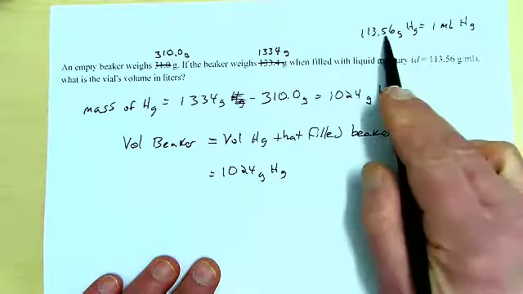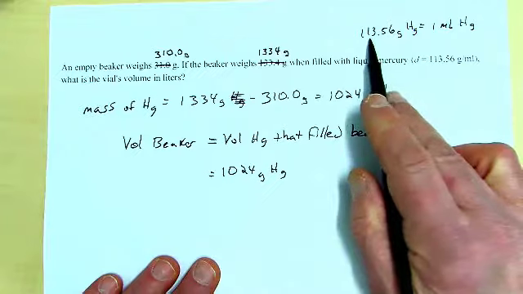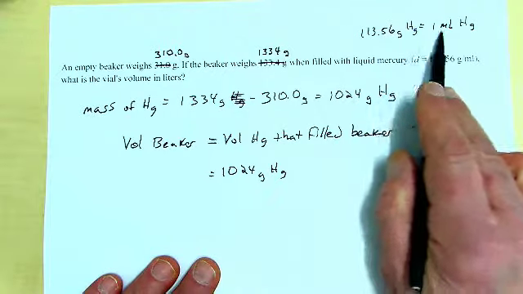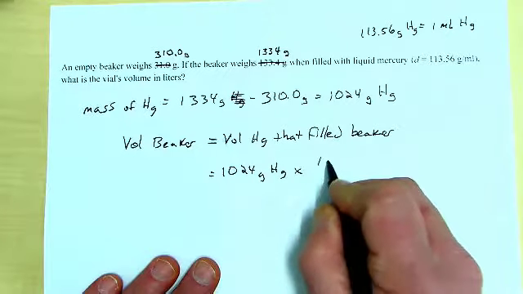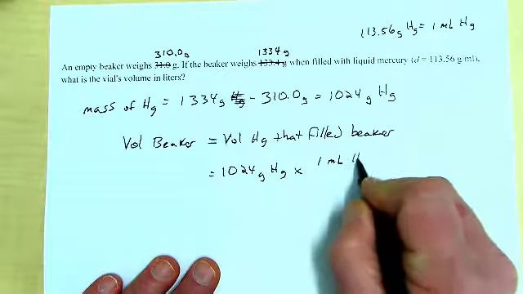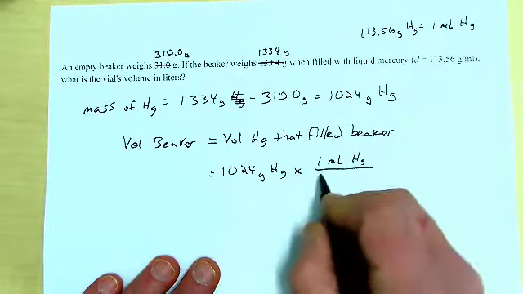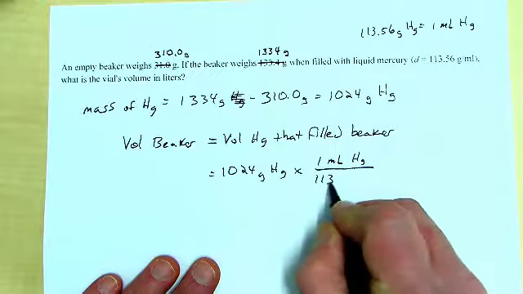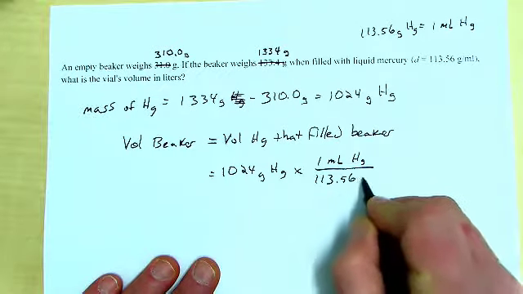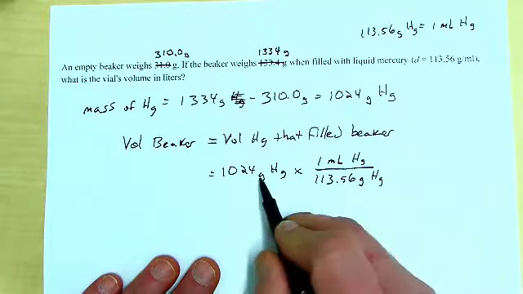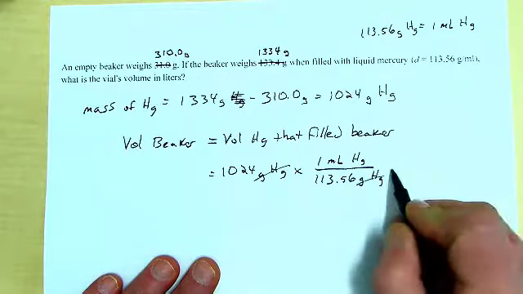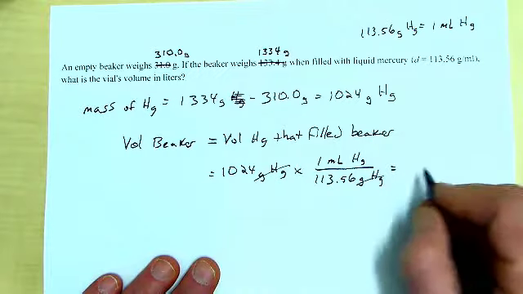Now we use this definition here that 113.56 grams of mercury is equal to 1 mL. So we'll multiply this by 1 mL of mercury for every 113.56 grams of mercury. Now our grams of mercury will cancel out.